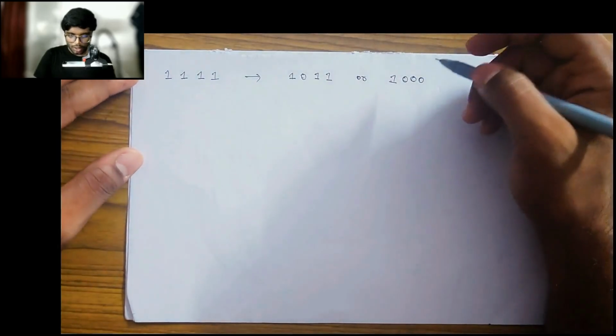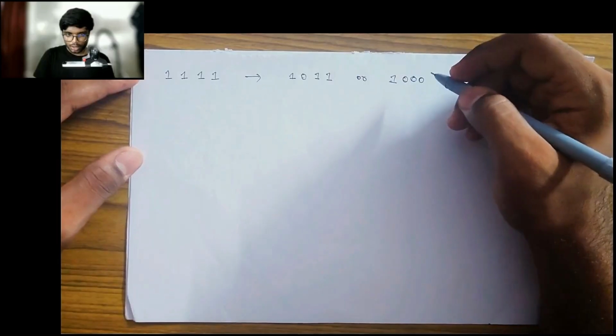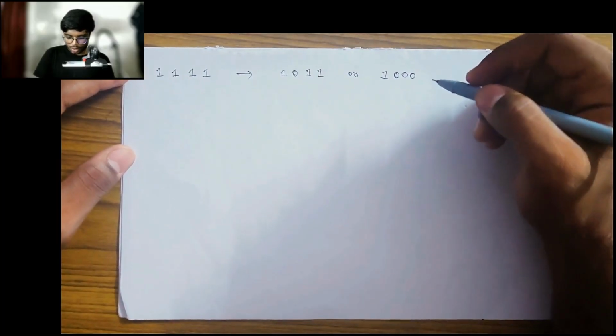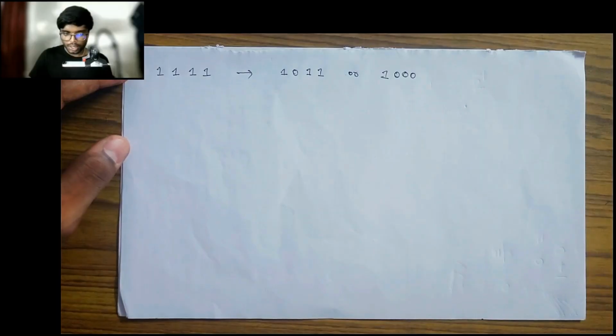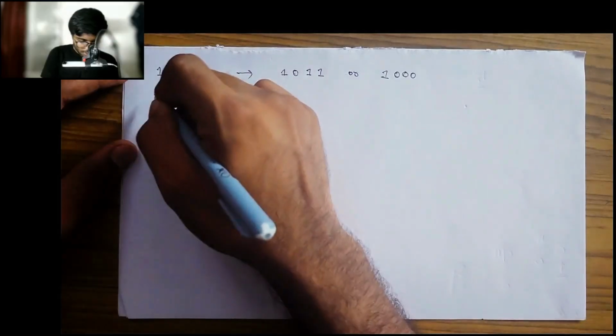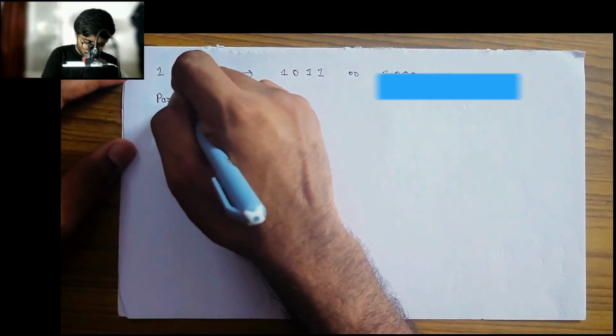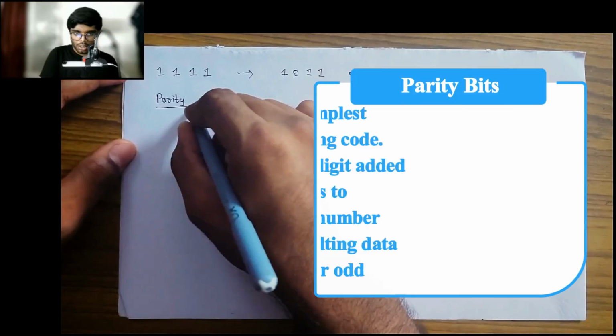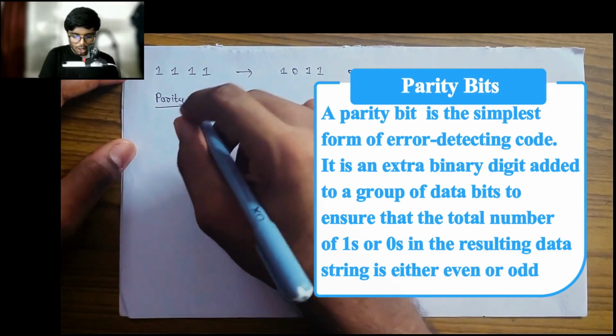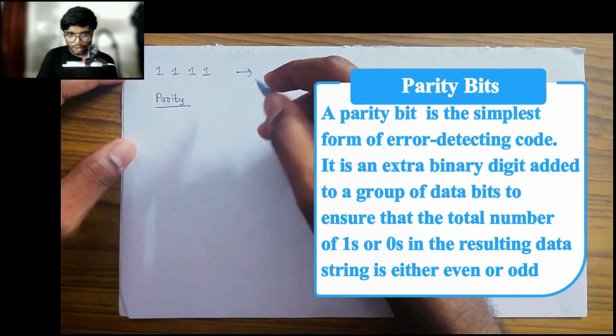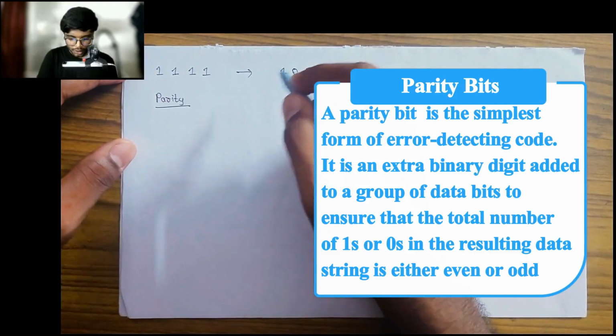So to avoid all these errors, we bring in parity codes. Sorry, not to avoid: parity codes, or error detection codes, can only detect if there is any error but cannot correct it. We will be discussing correction after this. Now, parity codes. There are two types of parity, odd parity and even parity: odd parity of 0 and odd parity of 1, even parity of 0 and even parity of 1.